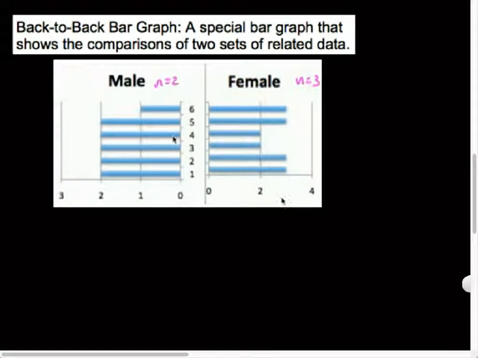Say I'm measuring the frequency of 6 different things, maybe how many classes you take in college per semester. Maybe 3 females take 1 class, 3 females take 6 classes, and only 1 male takes 6 classes. It's the same information, but broken up into 2 separate categories.